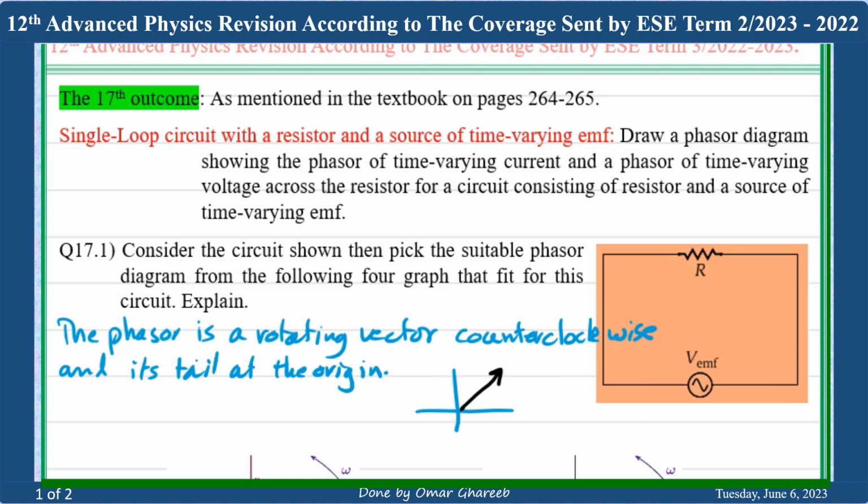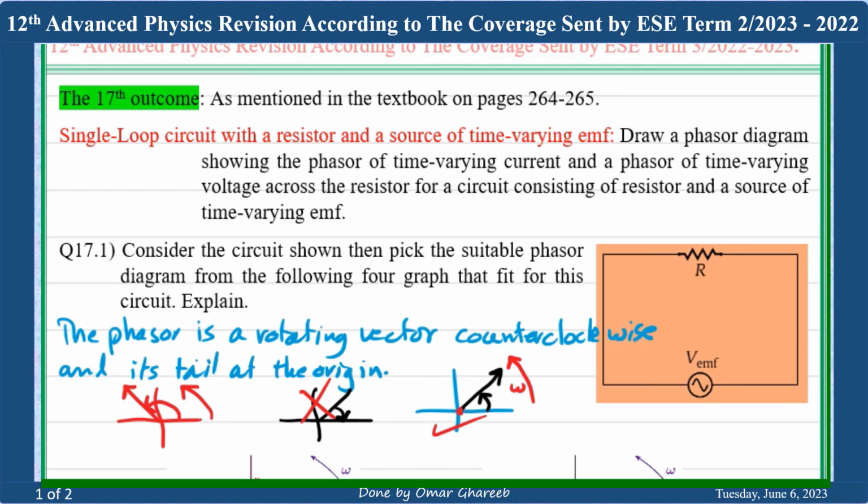It's okay, but indicate the direction. If you draw it clockwise, this is wrong. So it should be counterclockwise and start from the origin. It could be in the third quarter, no problem, but it should be measured from the positive x-axis counterclockwise. Or you can simply put omega, no problem.